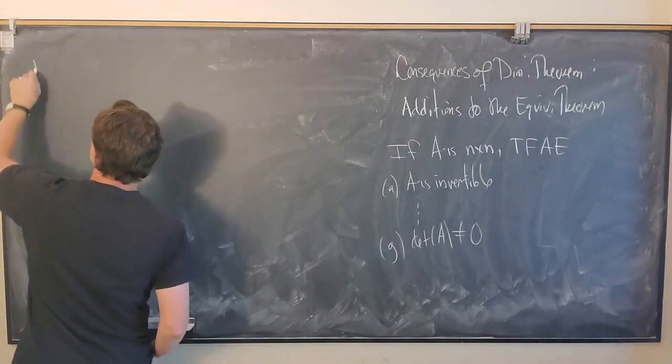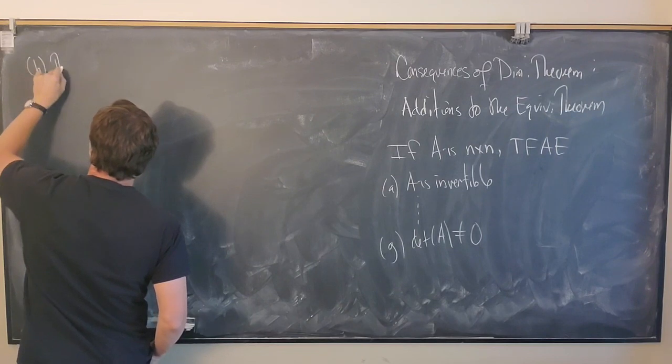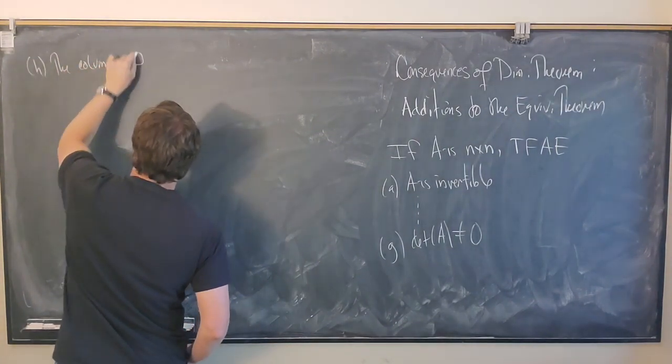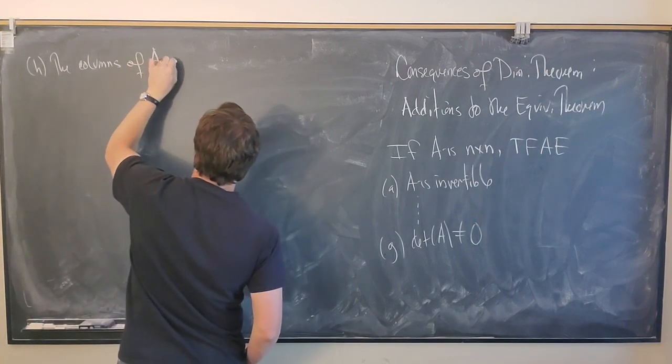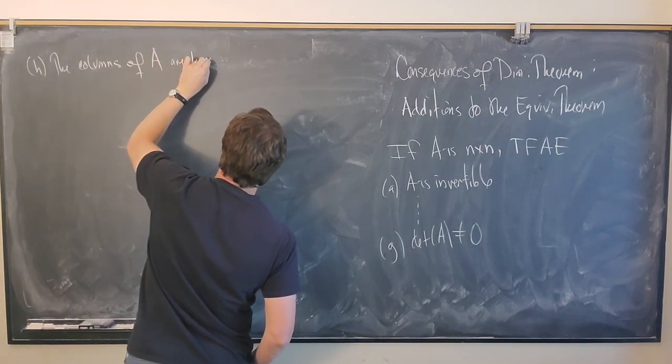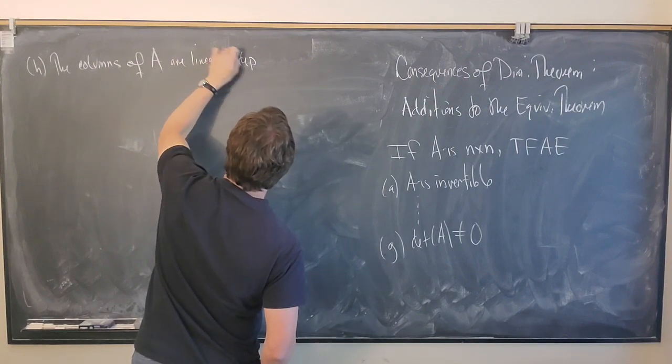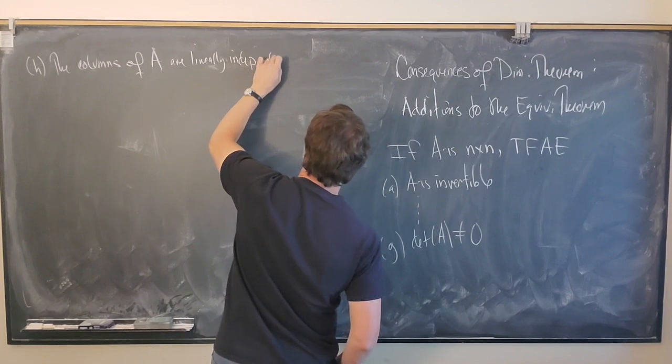So part H, the columns of A are linearly independent.